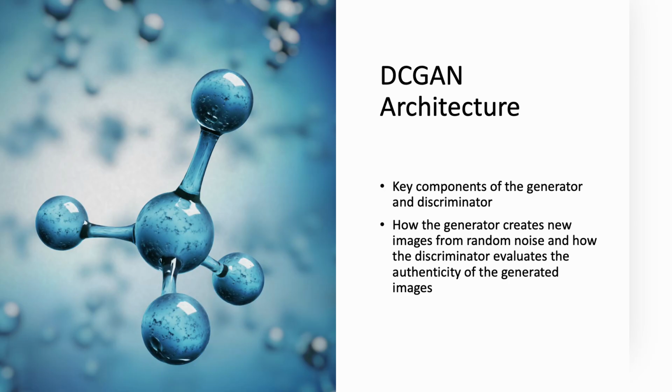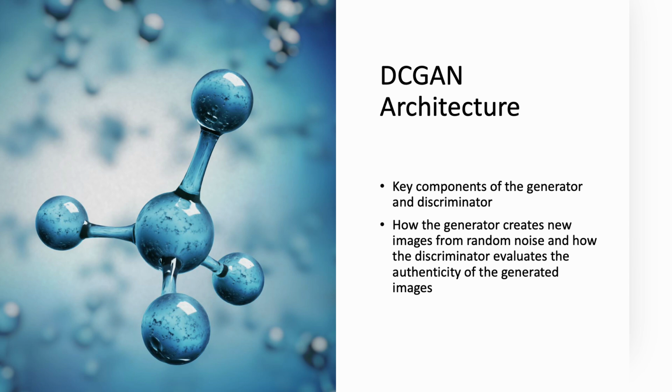Now let's look into DCGAN architecture in a little bit of depth. We'll look into the key components of the generator and discriminator, how the generator creates new images from random noise, and how the discriminator evaluates the authenticity of the generated images.